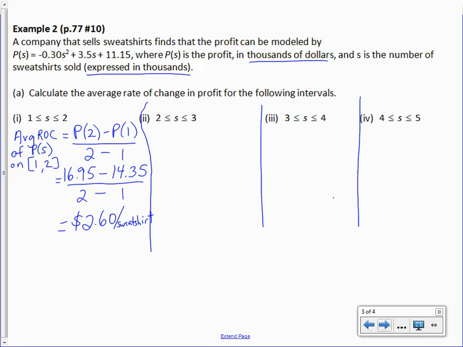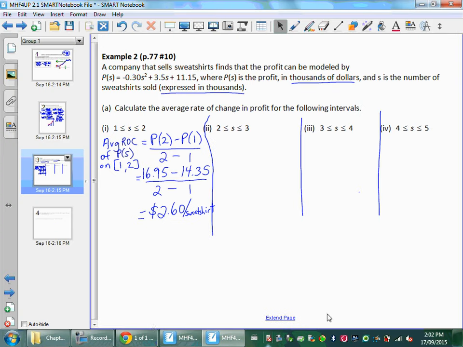It means that if the number of sweatshirts increased from 1,000 sold to 2,000 sold, you're making an increase of $2.60 per sweatshirt, or $2,600 per 1,000 sweatshirts. But that's awkward to say, so that's why I'm just changing it to per sweatshirt. We good? Pressing pause. Let's do the other 3 calculations.